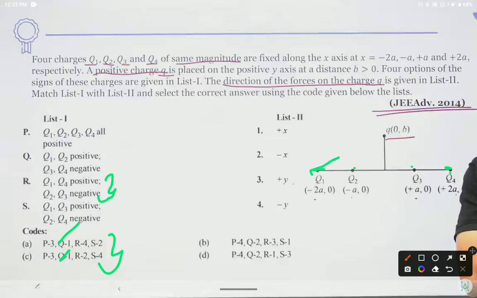That means Q1, Q4, these two, were positive, and Q2, Q3 were negative.